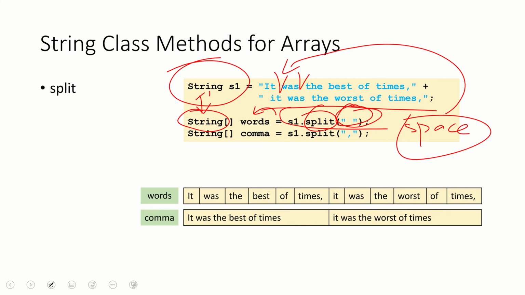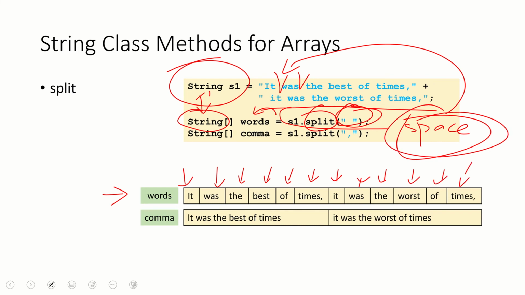So what we get looks like this: it was the best of times, it was the worst of times, each separated by the white space, using this split. You need to be careful when using this split method. The first thing is the token, how you separate those words into the array.